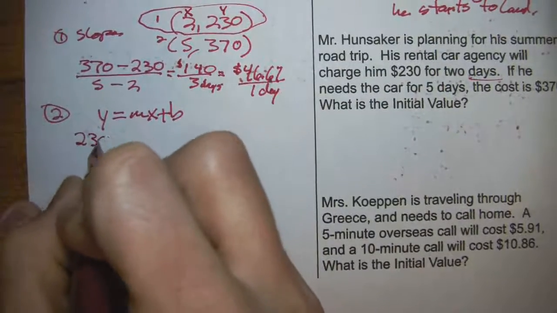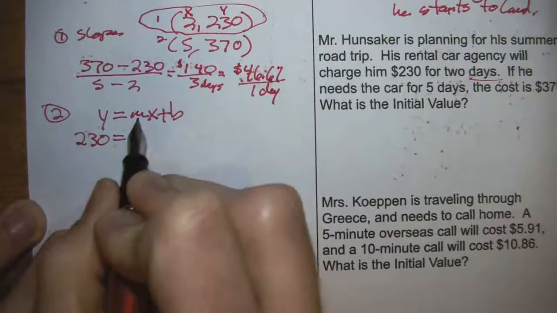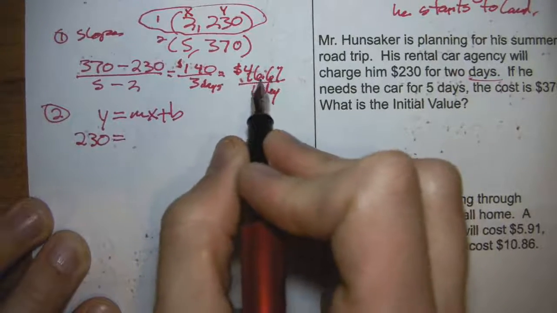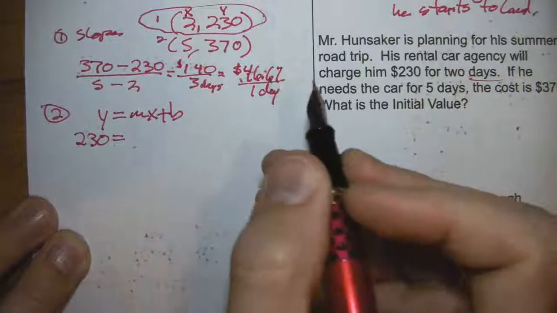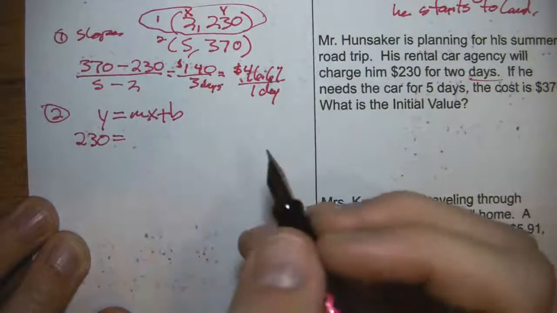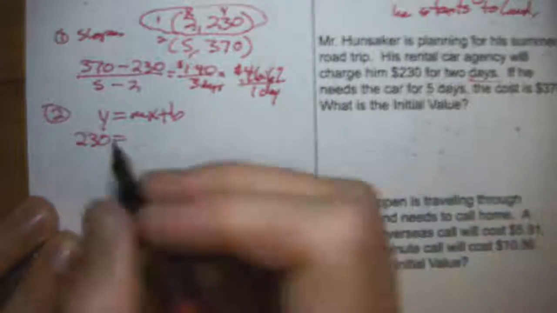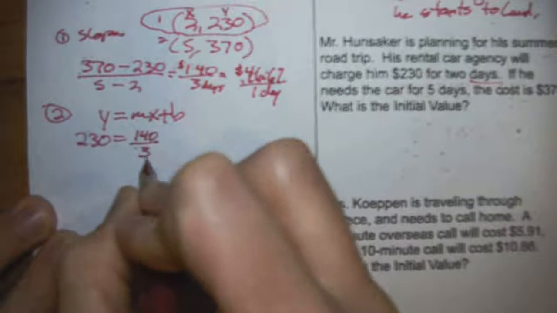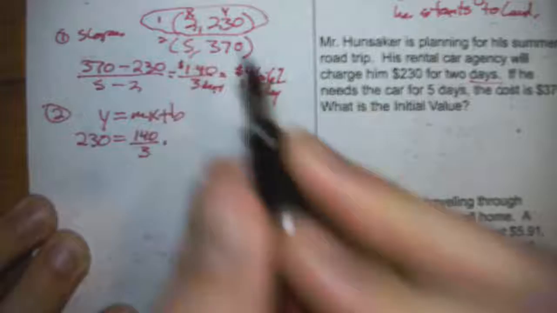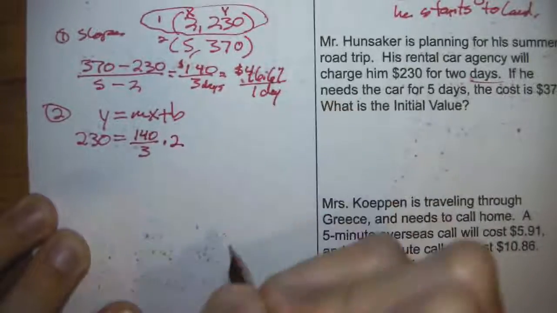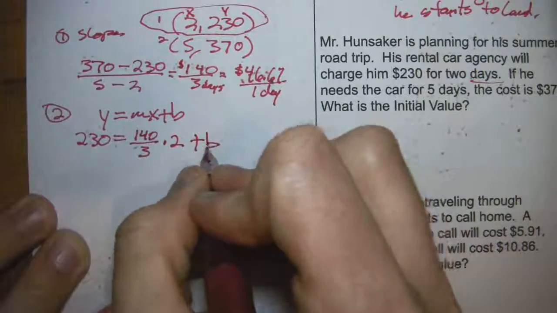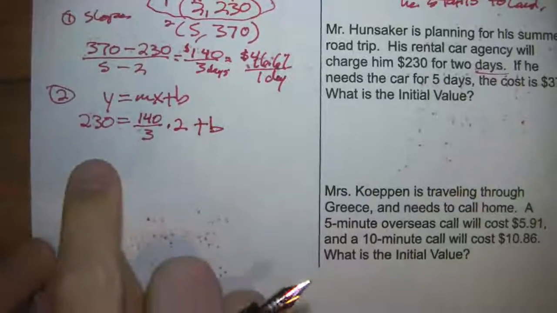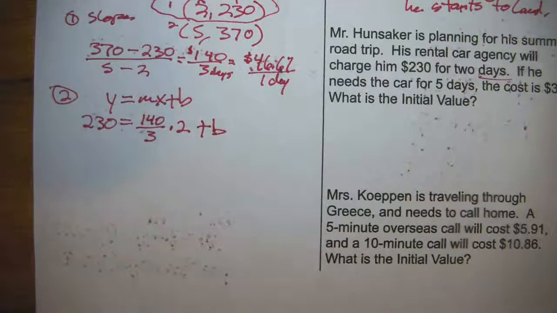So 230 equals our slope. We could use 46.67. That's a rounded number. We could also use 140 over 3. I'm going to go with 140 over 3 just because I think that's going to be a little bit easier to work with. Multiplied by x, so in this case 2, and then plus b. So what we're going to do is solve this equation for b, and that's going to give us our initial value.